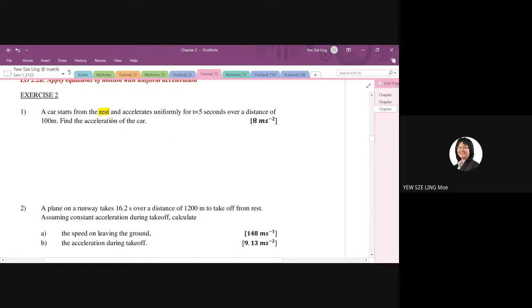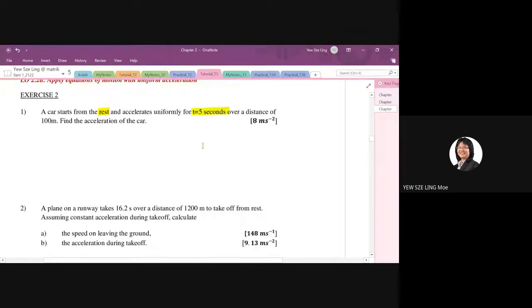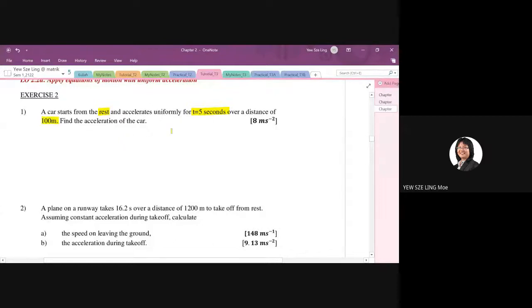So rest means that the object is not moving. Not moving, what does it mean? It means the velocity is equal to 0. And then it accelerates uniformly for 5 seconds over a distance of 100 meters. So these are the information that we can get from the question.